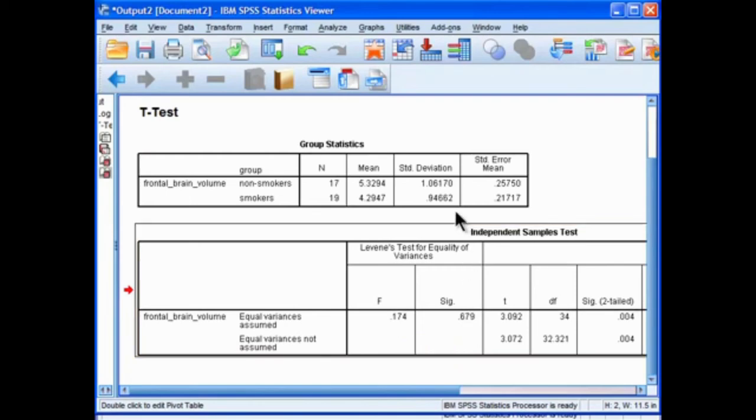They are probably sampled from different populations, and so we become concerned about interpreting our t-value and our p-value if the homogeneity of variances assumption does not hold. But in this data, because the significance value is not 0.05 or less in this Levene's test, we are confident that we can interpret the t-value and significance level associated with it.